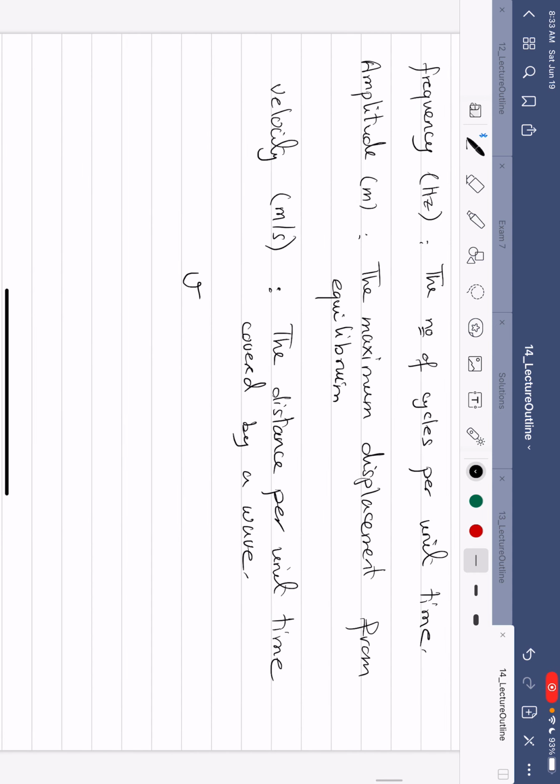And V has to do with lambda and the frequency.